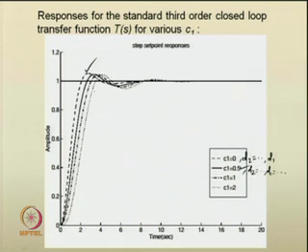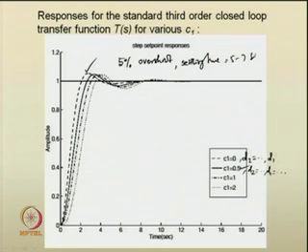If we look at the responses, we see that the responses have at most 5% of overshoot. Similarly, the responses have settling time from 5 to 7 seconds, and the responses have 0 steady state error.